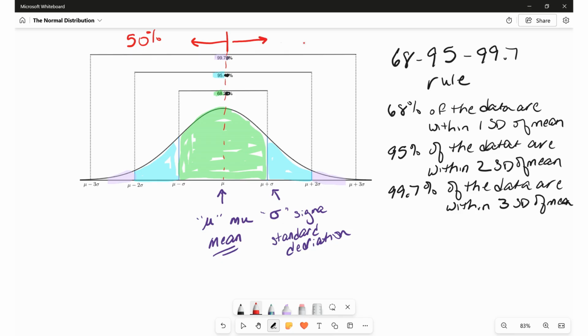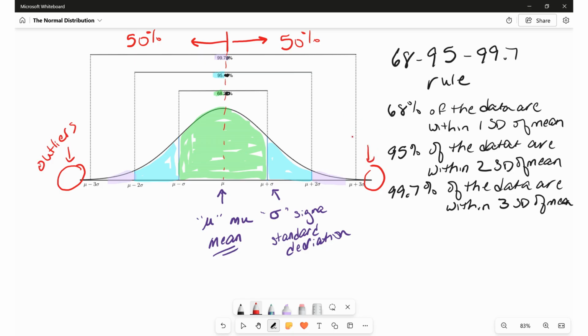And on this side is 50% of your data, because you have to keep in mind, we've got these little ends over here which are known as outliers.